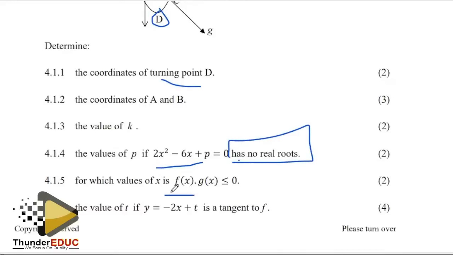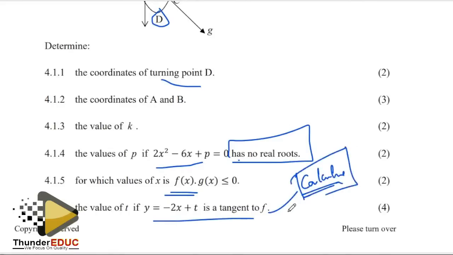And then we need also to remember how to answer questions when you have f of x times g of x is greater or less than 0 and so on. And then with tangents, we need to also apply some bit of calculus sometimes. Calculus could be needed, especially with such questions of tangents, because there's going to be need for the gradient and all of that.